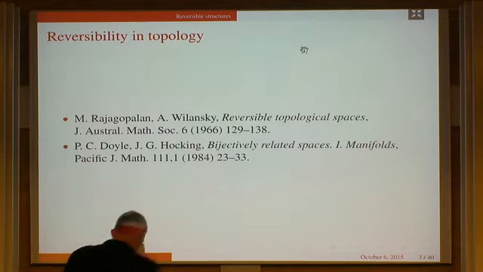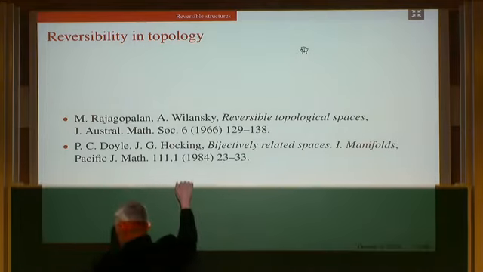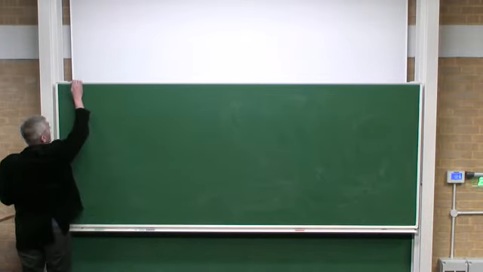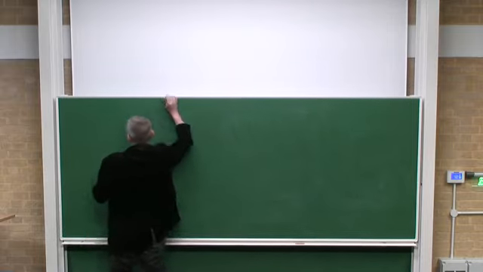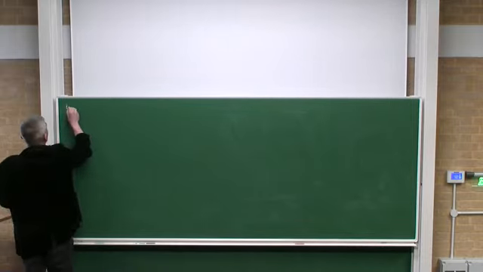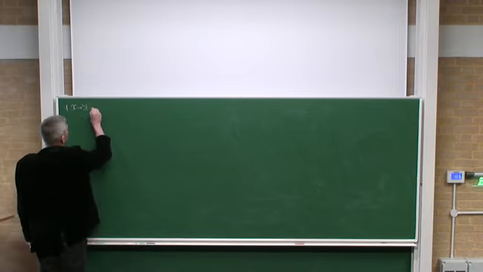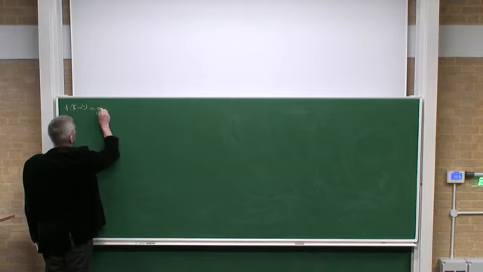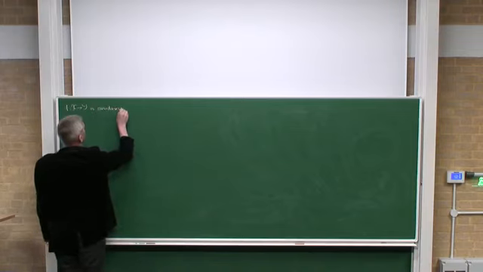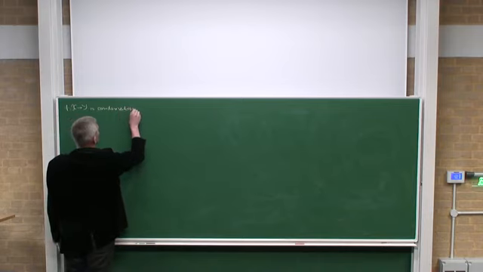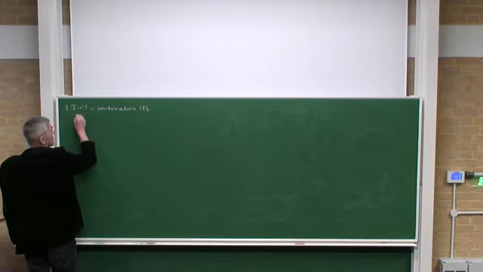The definition is, we say that first the function f which maps a topological space X into topological space Y is a condensation if and only if it is a continuous bijection.